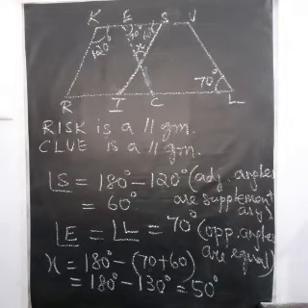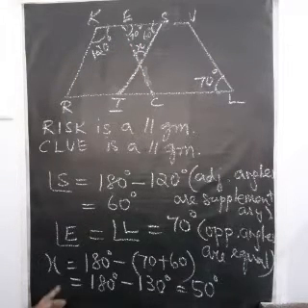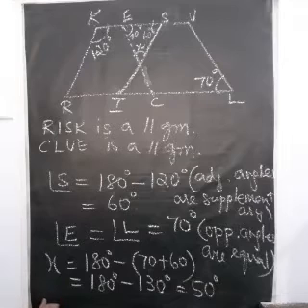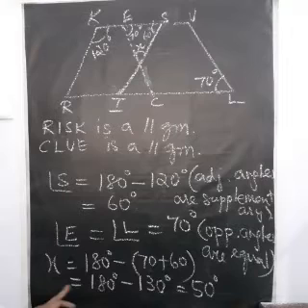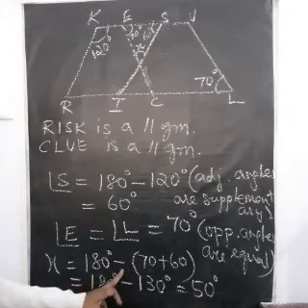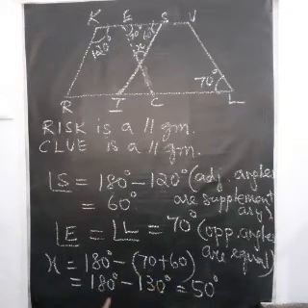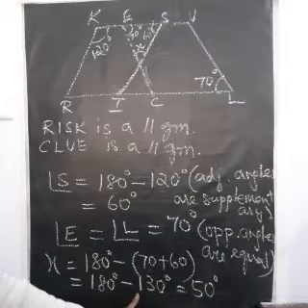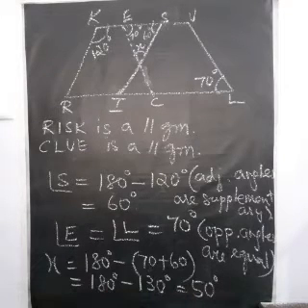We can find the third angle by using the angle sum property. The angle sum property in a triangle is all angles add up to 180. So 180 minus 70 plus 60, which is 180 minus 130, which is equal to 50 degrees. So we have got the value of x as 50.